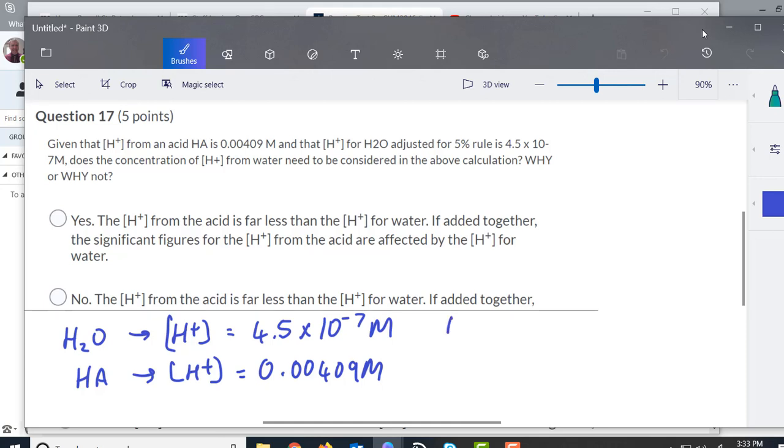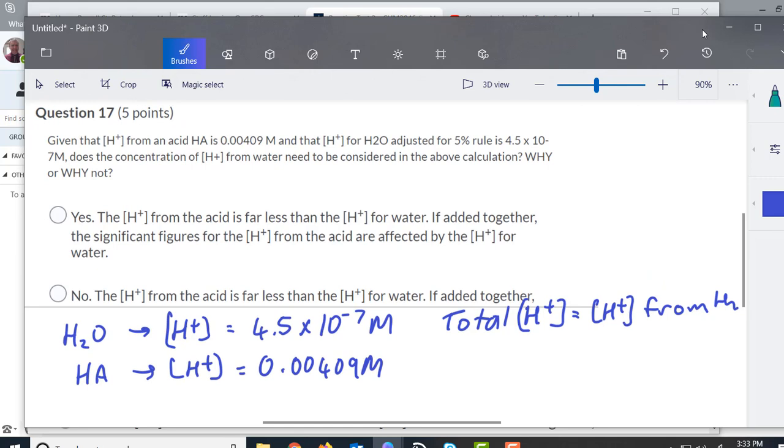Now, if you've got the total H+ in solution, I think you'd agree that it's going to be the concentration of H+ from water, from the H2O, plus the concentration of H+ from HA.